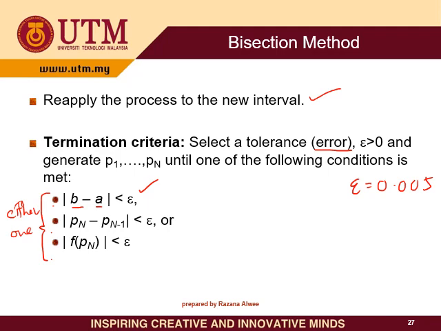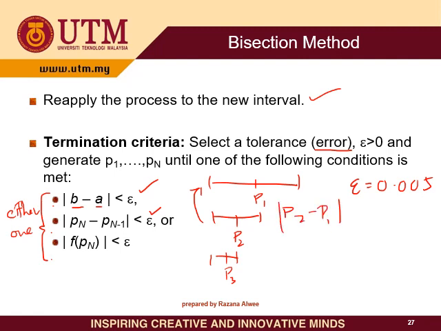The second one is the P itself. Let's say we have our P1, and then we have our P2, and we have our P3, let's say. So if you look back here, P2 minus P1, if it is less than the error, you can stop already.